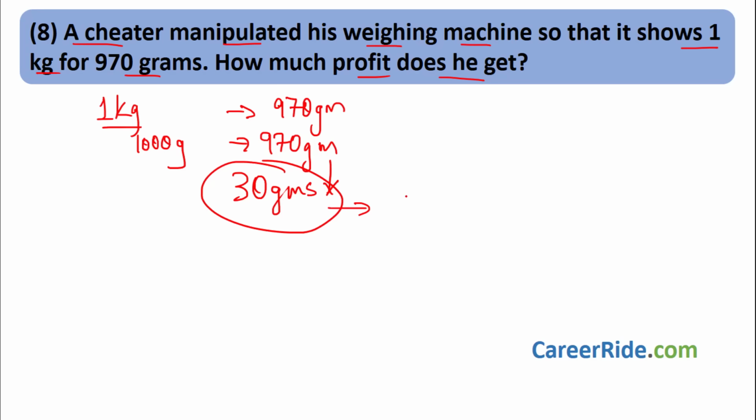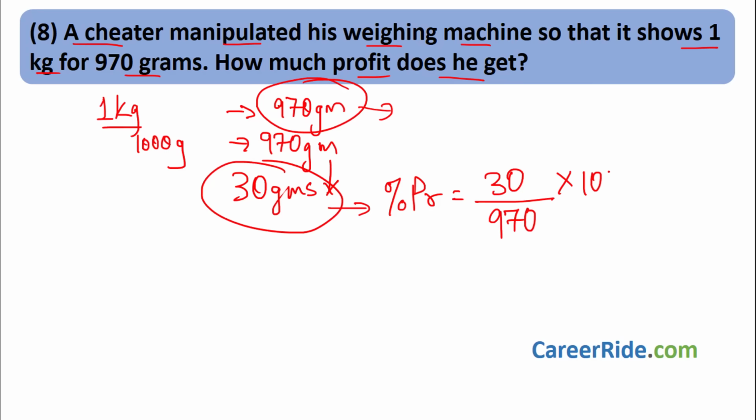How to express it in percentage? Percentage profit is nothing but profit in rupees, that is profit in grams, divided by cost price. Do we know the cost price over here? No. But what we know is, when the weighing machine is showing 1 kg, the real or actual weight is 970 grams. So this is the actual value, this is the cost price. So divided by 970 multiplied by 100, this gets cancelled over here.